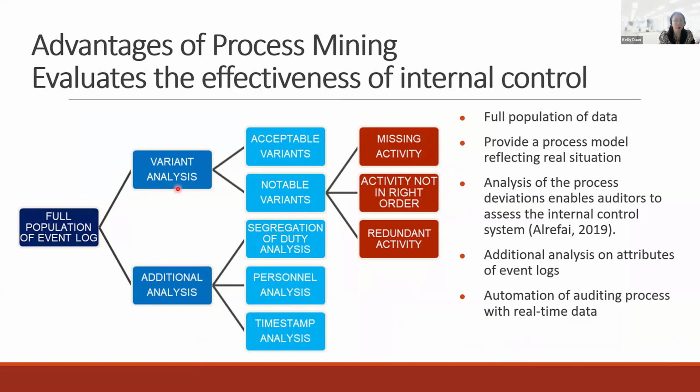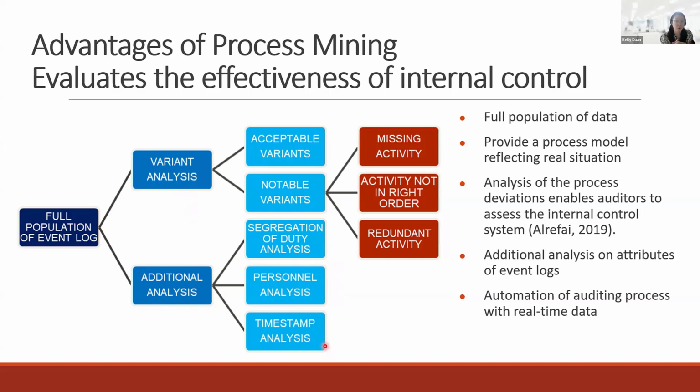We also need to determine whether those variants are acceptable or not. There are also additional analyses, as we mentioned before, including segregation of duty, personnel analysis, or social network analysis. And we can also perform timestamp analysis because process mining contains timestamp information.